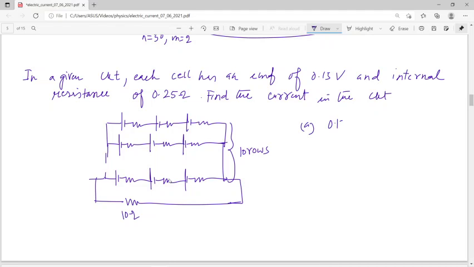The options given are 0.12, 0.012, 0.045, and 0.45 ampere.